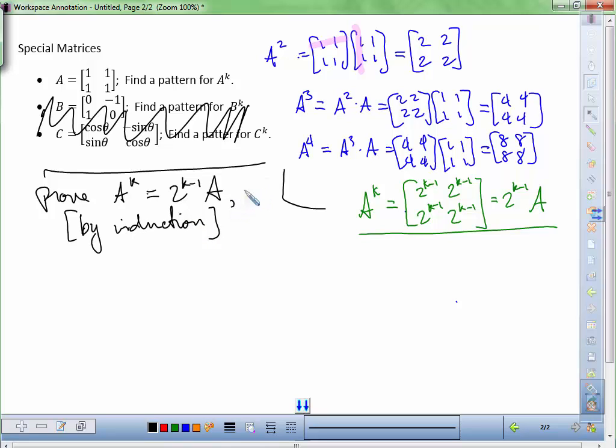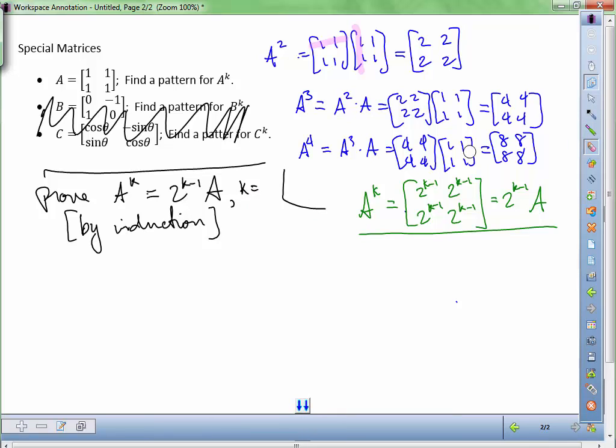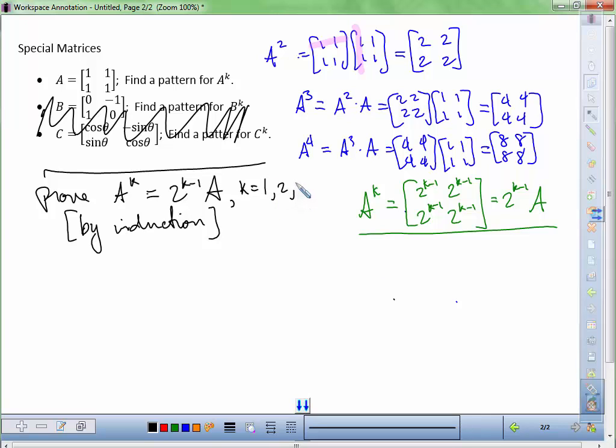This has to be true for k equal to 1, 2, 3, and so on. You can't start with 0. So counting numbers.